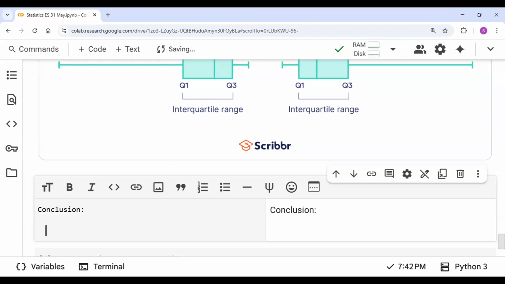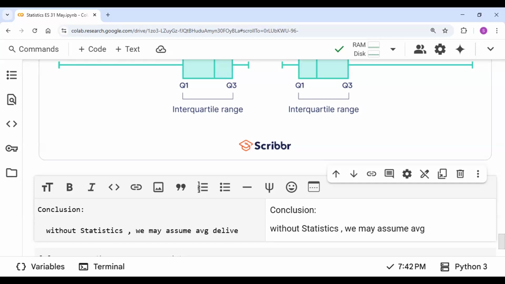So without statistics, we might assume only the average, right? Only the average delivery time, whatever it is, and based on it you will be taking the decision.